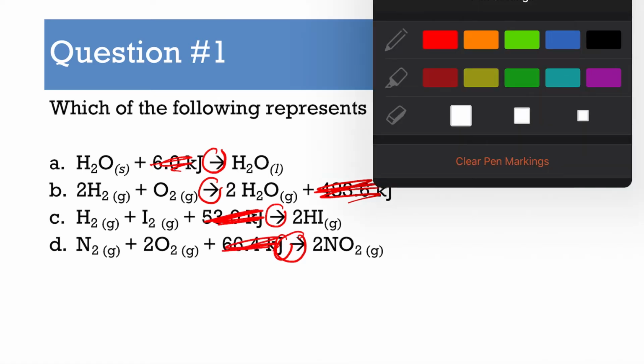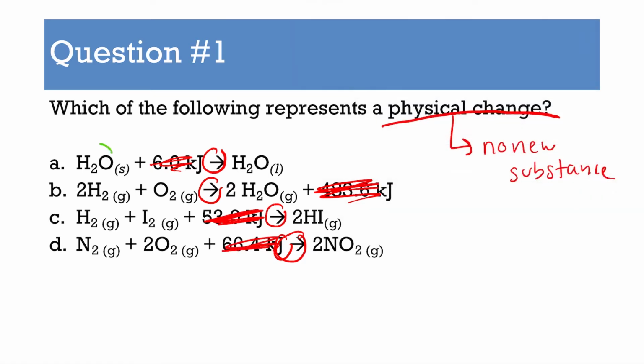Okay? So if we look at choice A, we have H2O at the beginning on one side of the arrow, and we have H2O at the end. If we look at choice B, we have H2 and O2 in the beginning, and we have H2O at the end. So it can't be B because what we have before and after the arrow is different. For choice C, we're starting with H2 and I2, and we're ending with HI.